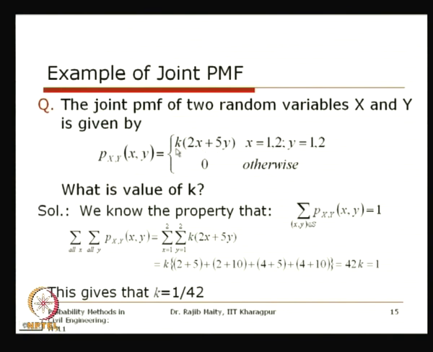So we got this value of k using this property of the PMF. We have seen this kind of problem earlier for a single random variable, where we considered only one possible value of a single random variable. Here, in the bivariate case, two random variables are there, so both outcomes are considered in the properties of this PMF.